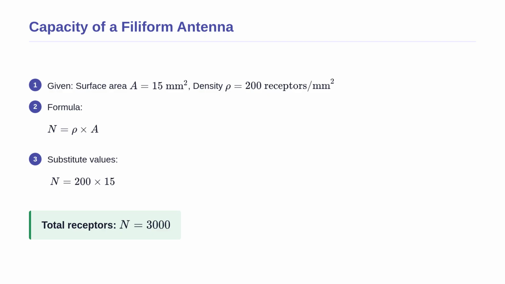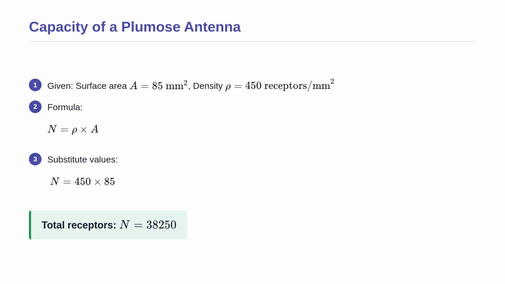We want to find the total number of receptors. We choose our sensory capacity formula and substitute the given values. Multiplying 200 by 15 gives us our final answer. The cockroach has exactly 3,000 sensory receptors, providing a decent general-purpose sense of smell for navigating the ground.